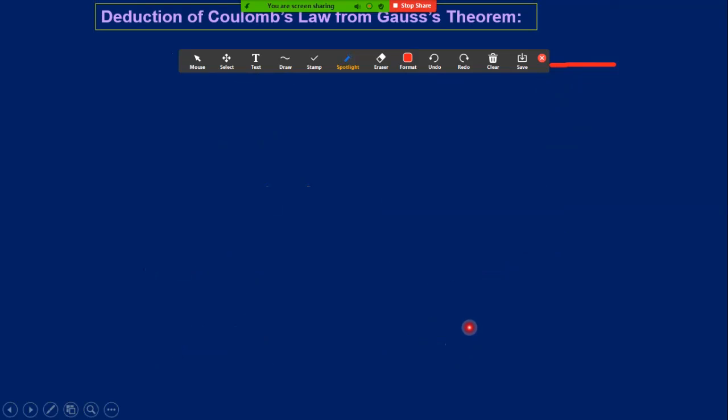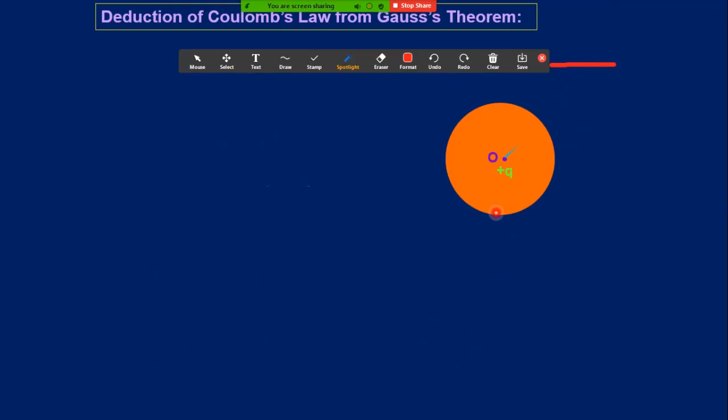Deduction of Coulomb's law from Gauss law. Let's see, this is our spherically symmetrical surface. Here, this is our small area ds, and the direction of ds and E will be the same.